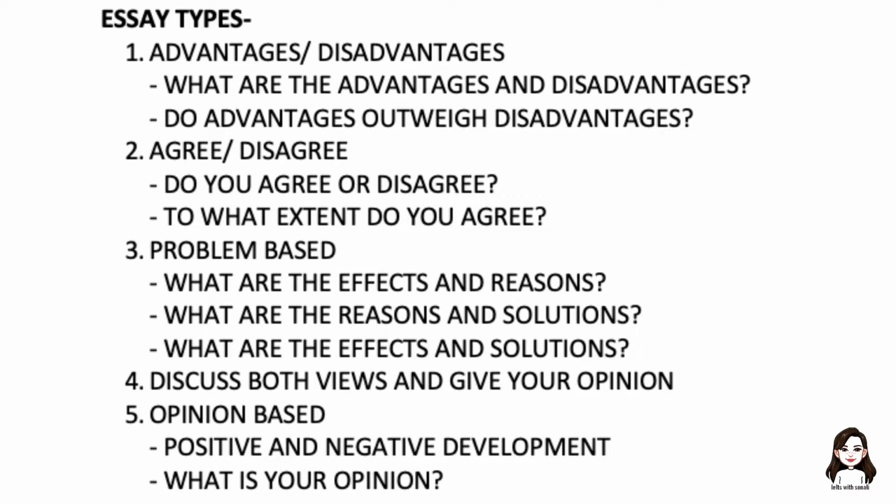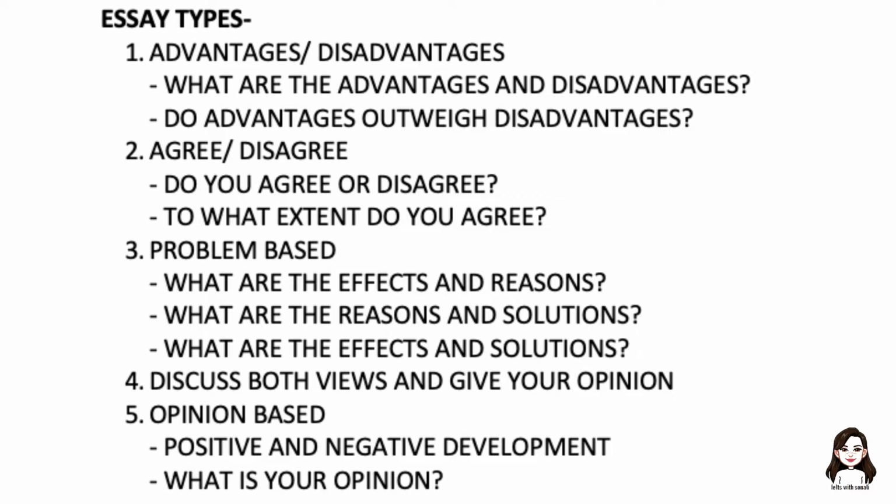If you agree with a particular topic that the advantages are a bit more than disadvantages, then you will be mentioning advantages more and disadvantages a bit less. For example, if you are mentioning 3 or 4 advantages of a particular topic, then you will be mentioning one disadvantage of that topic.